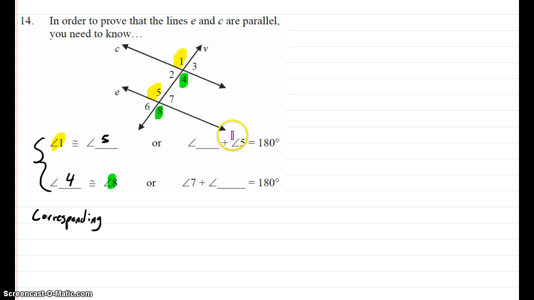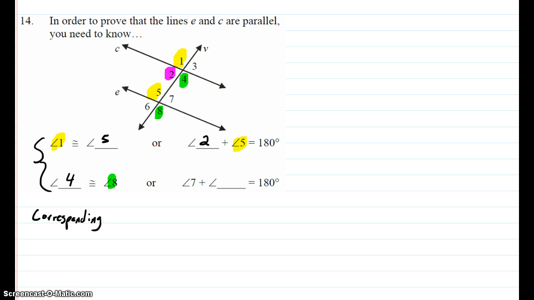So now let's look at angle 5. Now, if these two angles add up to 180, this will also make the lines parallel. And so if 5 and 2 add up to 180, that means these two lines are parallel.